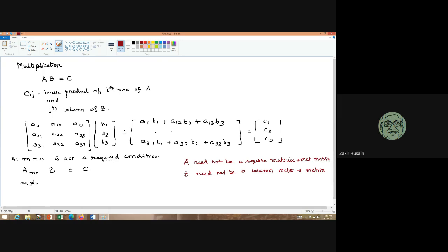Okay. So suppose we are taking an m into n matrix, when m is not equal to n. We have multiplied this by B and we are getting C. So what will be the dimension of B? Remember, B is not a column vector, but B is also a matrix. In that case, what will be the dimension of B?